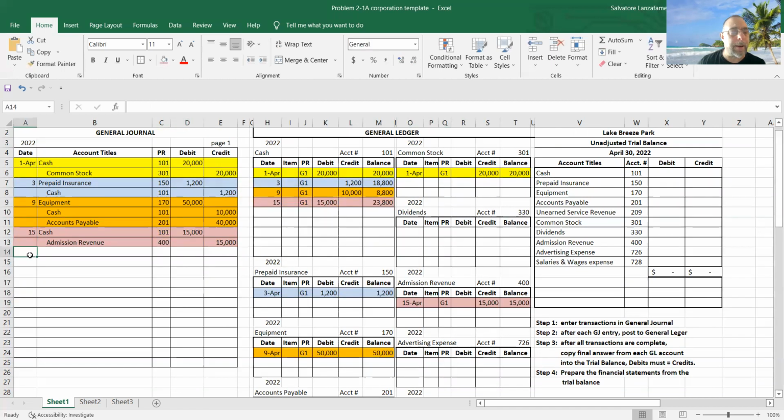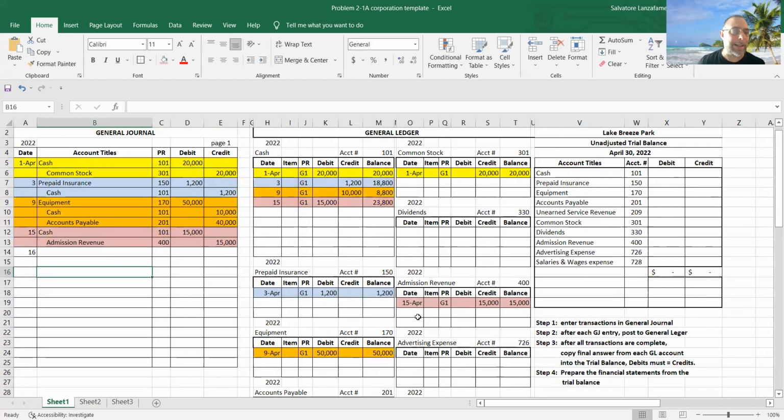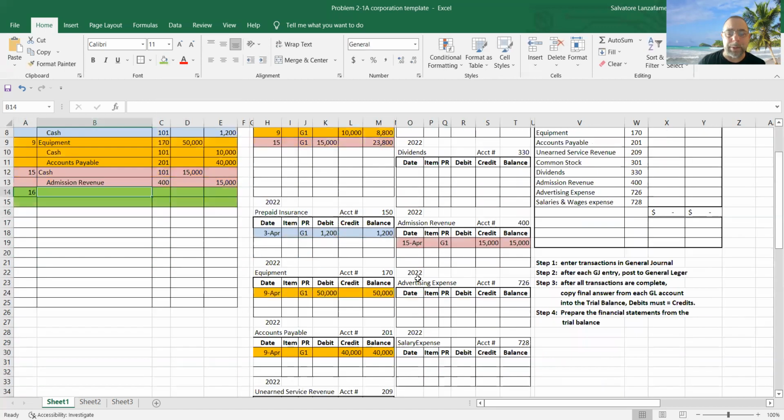Let's say it's now April 16th, and the transaction reads paid salaries, right, to our employees. So if we paid salaries, we're going to debit salaries expense or whatever they happen to call it.